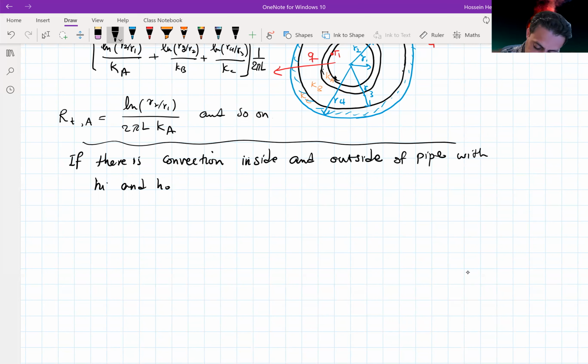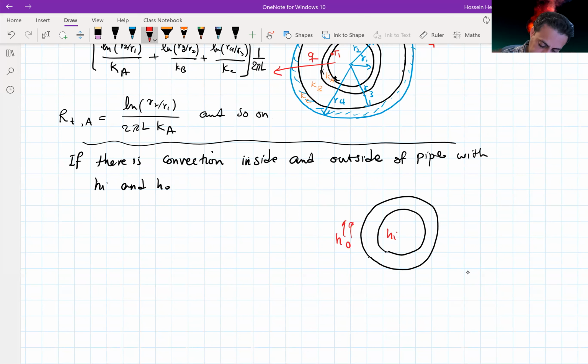So let's say we have this pipe and it's carrying some fluid, and then here we have Hi, and here we have Ho outside. So there is some flow inside and some flow outside, and this is k. It could be one layer or multiple layers.